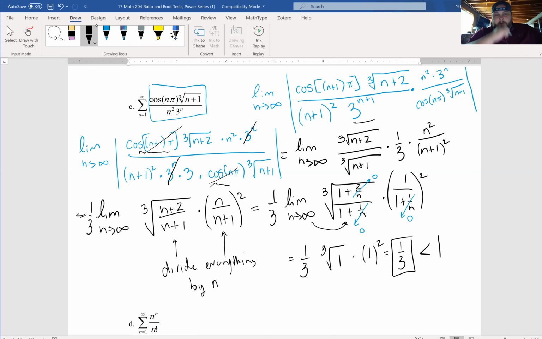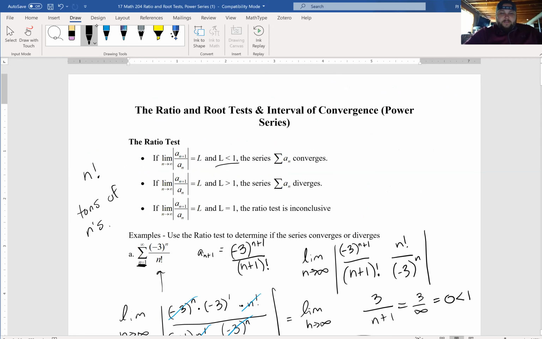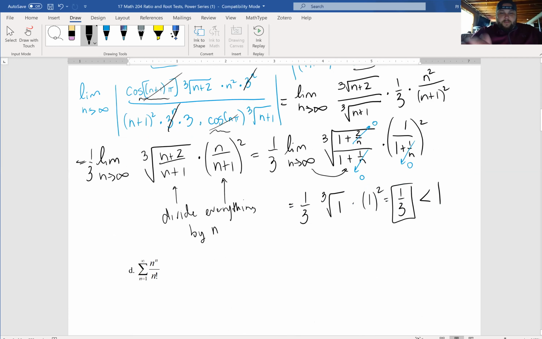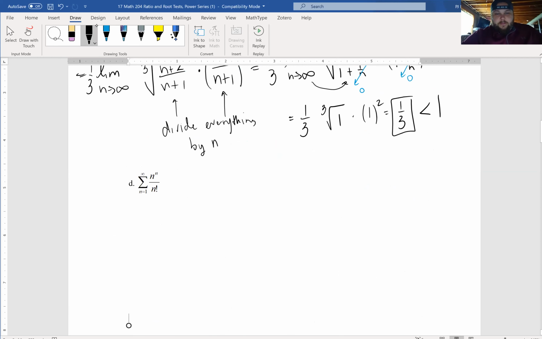Again, that's less than 1. And if we go back to the rules really quick, less than 1 converges. So we can say, therefore, converges by ratio test.